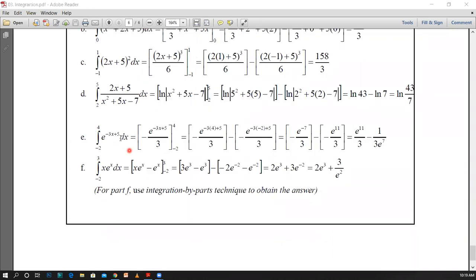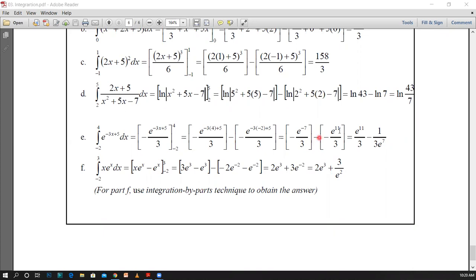In this example, it is in the form of an exponential function. First, I applied the rules associated with the integral of an exponential, and then the upper and lower limits were used. Here the upper limit was substituted, and here the lower limit was substituted. The obtained answer is e to the power minus 7 divided by minus 3.